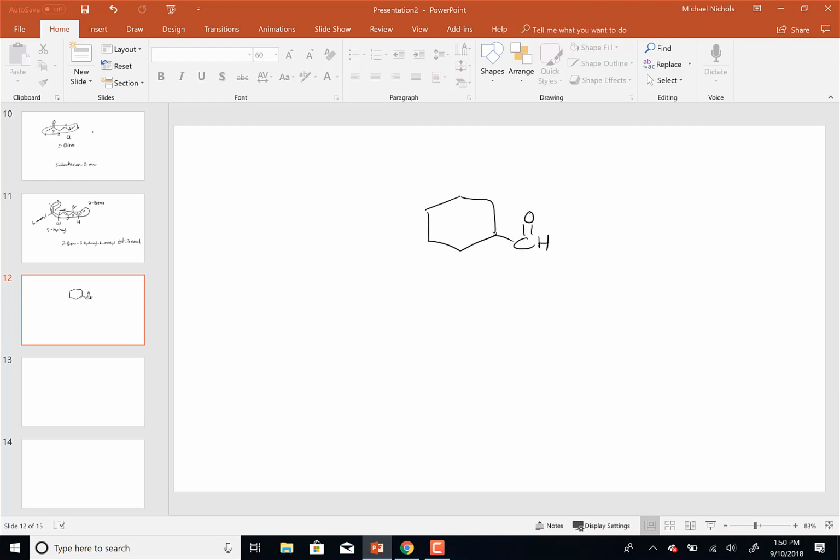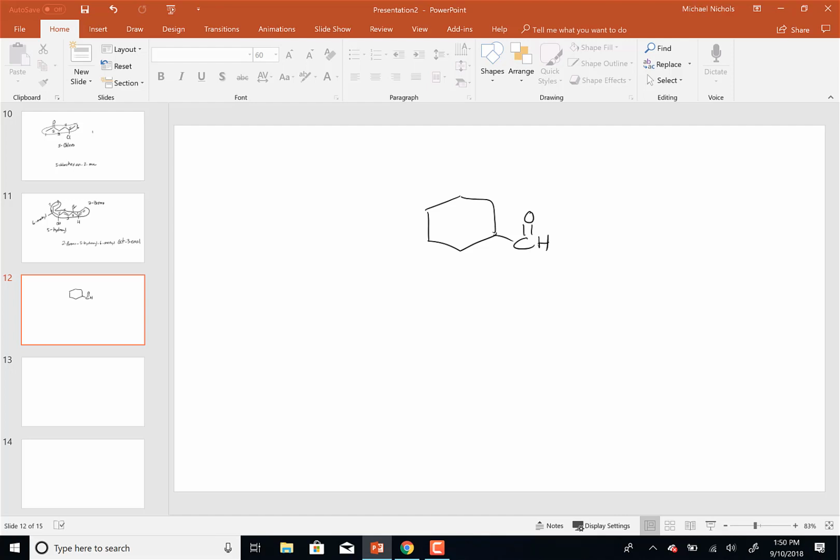That is cyclohexane carbaldehyde because it's got a ring. Okay. So the ones without the brackets are used with the rings. The ones with the brackets are used for non-rings.